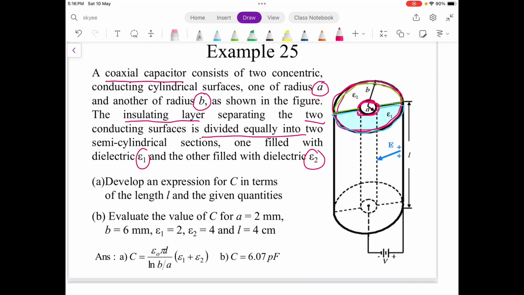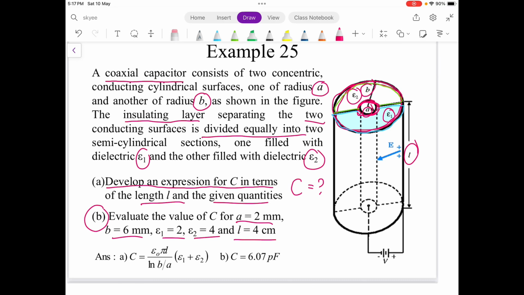You are asked to develop an expression for C in terms of L and the given quantities: B, A, epsilon 1, epsilon 2, and L. They want you to come up with the equation of C, and evaluate the value if they give you values for A, B, epsilon 1, epsilon 2, and the length. They want to know the value of the capacitance.